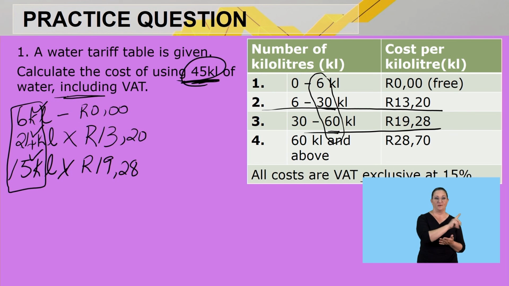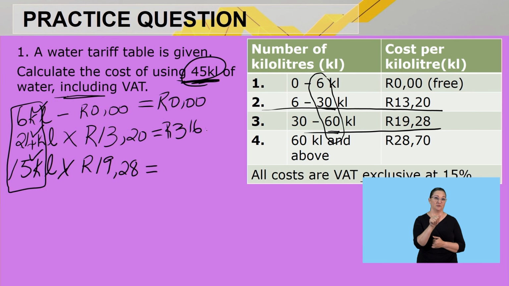It gives me 45. Now I go back and work out my total per block. So here I'm only having 0 rand. If I multiply 24 by 13 rand 20, it will give me 316 rand 80 cents. Then the third block, taking only what we needed, it was 15. So we say 15 multiplied by 19 rand 28.